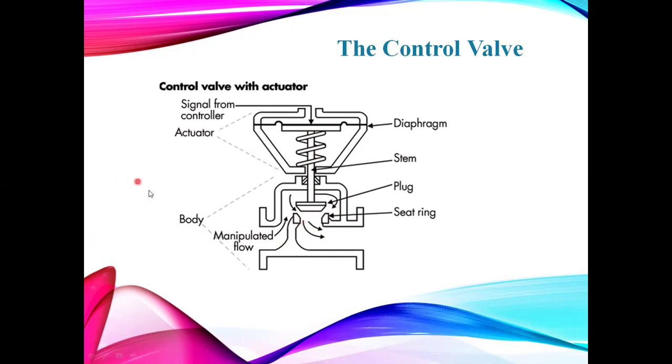The commonly used one is the control valve. This control valve may be supplying not just heating medium, but it could also be supplying the usual water that your system may be using, depending on the fluid that it needs to supply to your particular equipment.